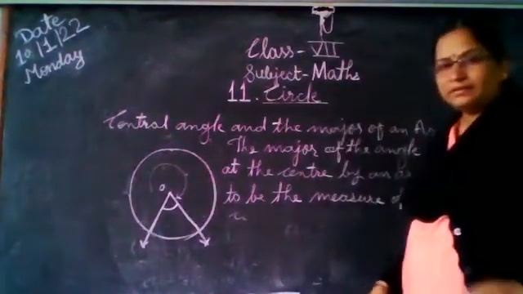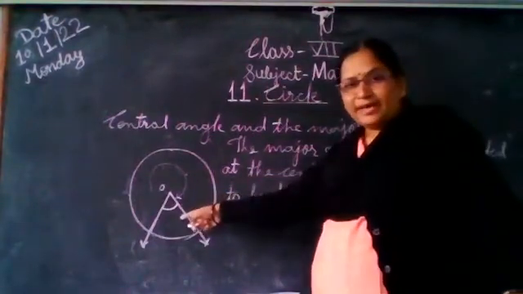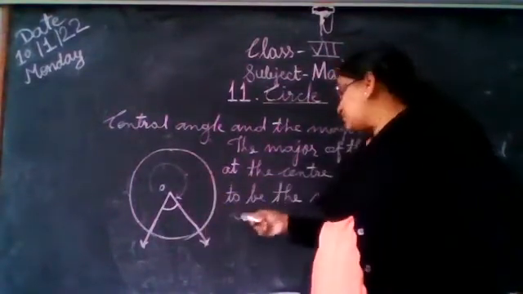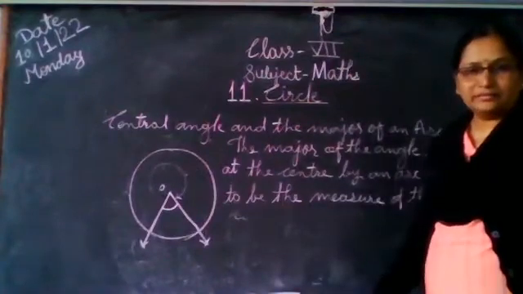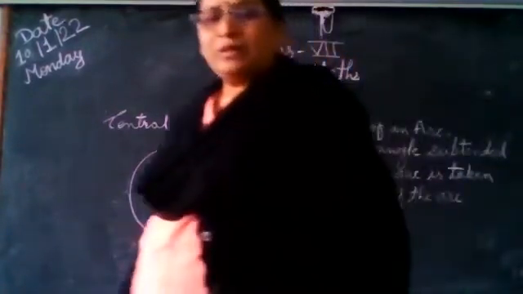So got it, beta? The measure of the vertex angle is equal to the arc subtended by it. Got it, beta? Okay.